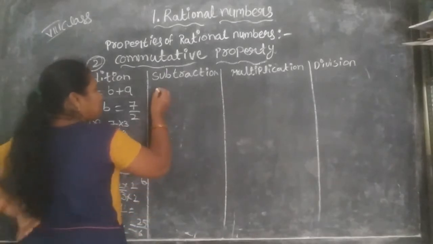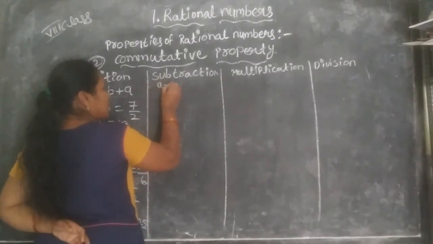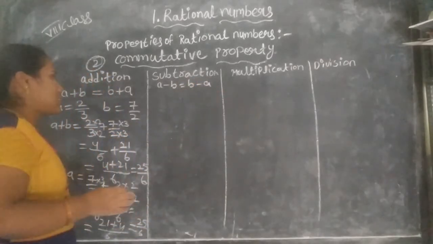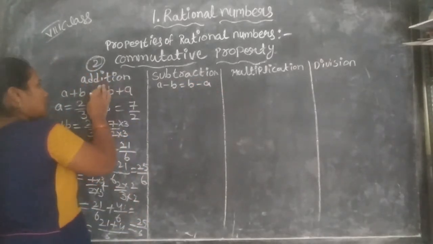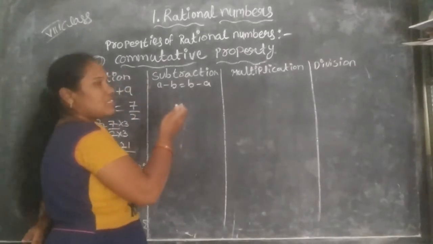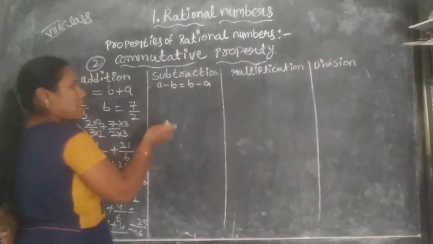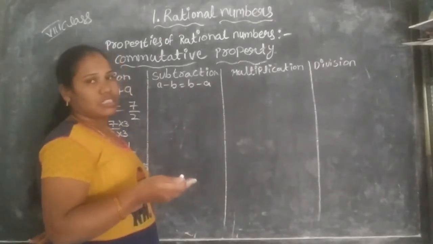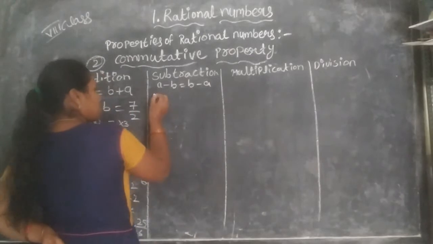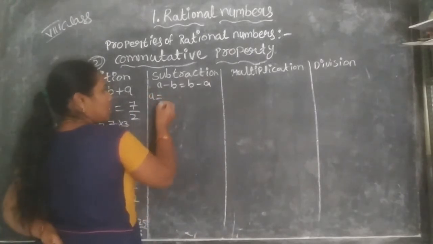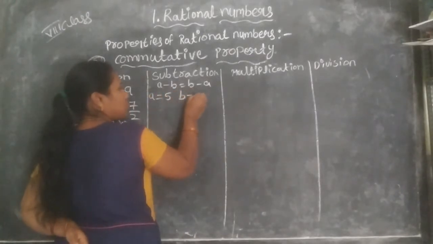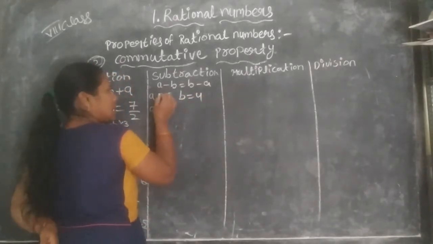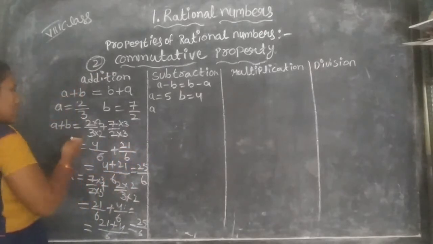So next, subtraction. The subtraction formula is A minus B equal to B minus A. Same, but the symbols differ: under addition plus, under subtraction minus, under multiplication into, and under division the divide symbol. So I am taking A as 5 and B as 4. First LHS and RHS; you have to compare the LHS and RHS.